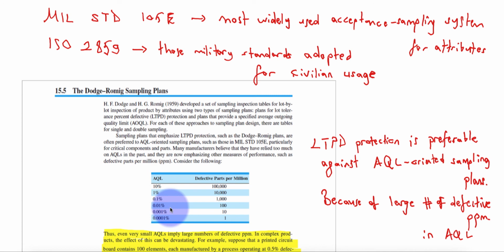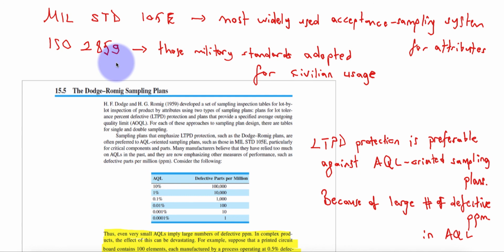Recently, these military standards have also been civilianized and adopted by ISO standard systems. The code of the ISO standard for acceptance sampling for attributes is 2859. If you are interested in ISO documentation and certification, you can check those standardization systems also.